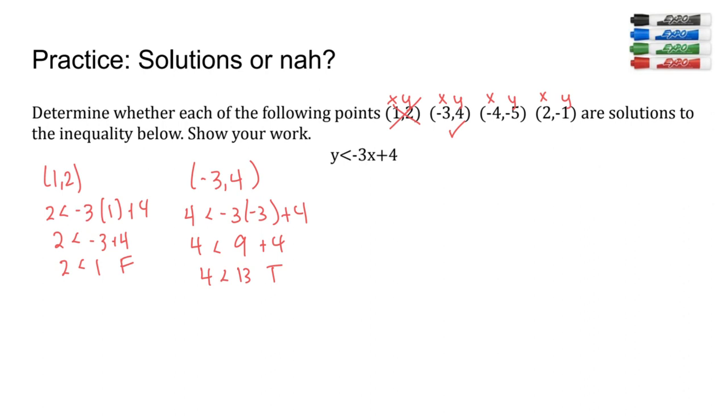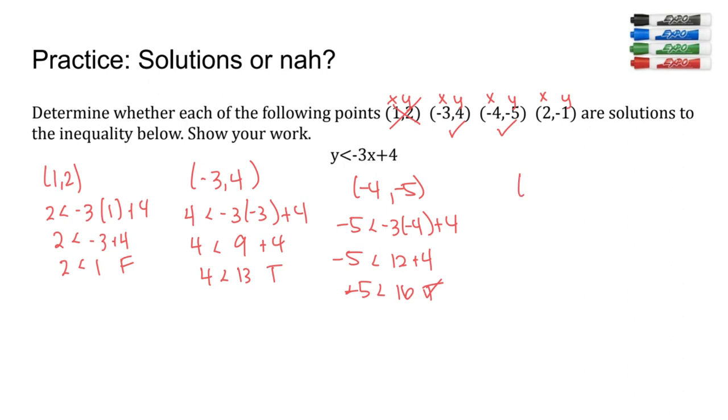Now we're going to plug in -4, -5. So it's going to be -5 is less than -3 times -4 plus 4. So that's 12 plus 4, which is 16. -5 is less than 16. So yes, that is a solution because that is true.